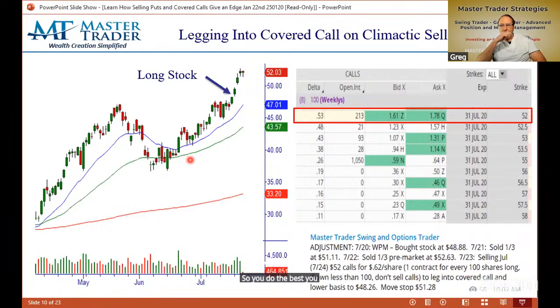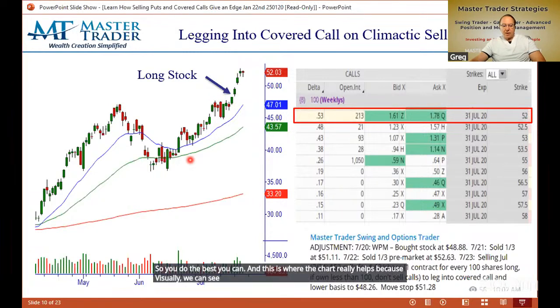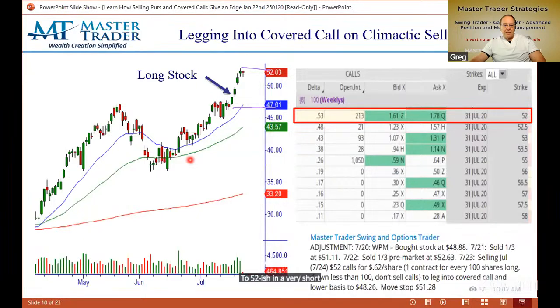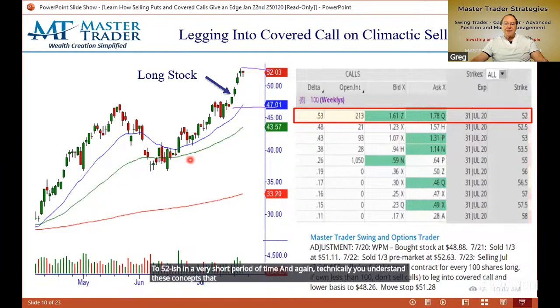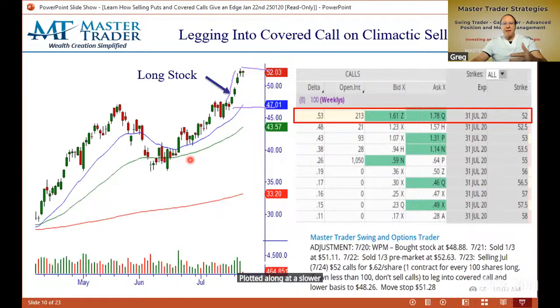This is where the chart really helps, because visually we can see that whatever this stock is, it went from 47 to 52-ish in a very short period of time. Technically, you understand these concepts: this was a vertical move, whereas if another one was chopping sideways and up and plodded along at a slower pace, it would not be as attractive to sell that covered call.